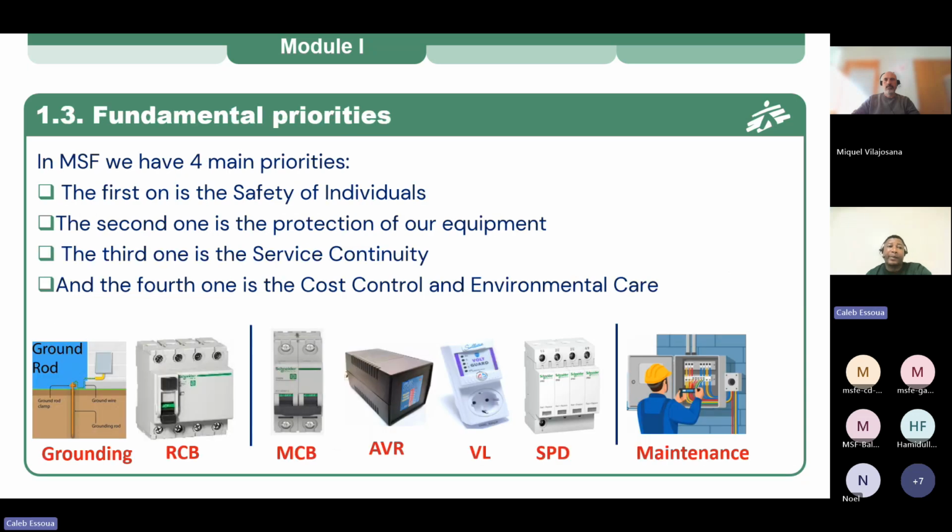In MSF, we have 4 main priorities. Can someone tell me the 4 main priorities that we have in MSF when doing electrical installations?